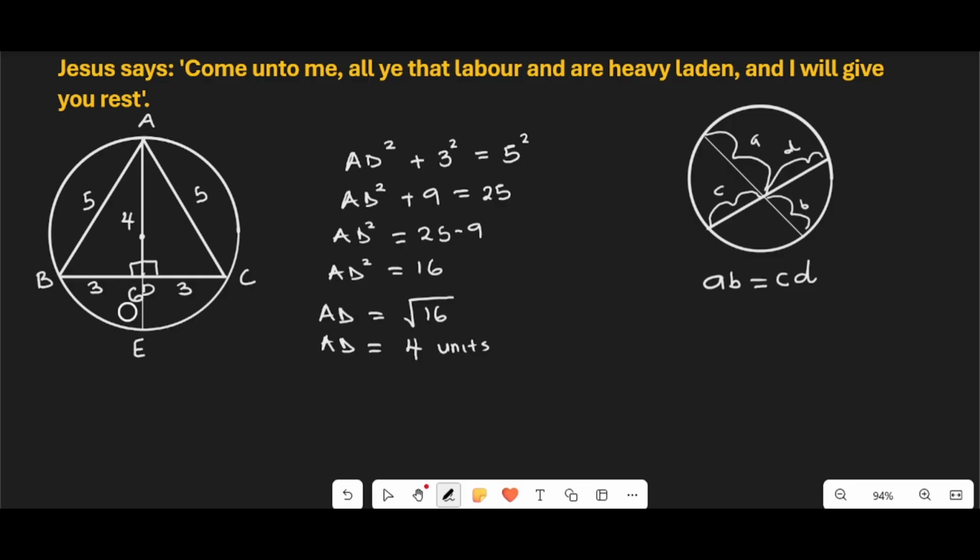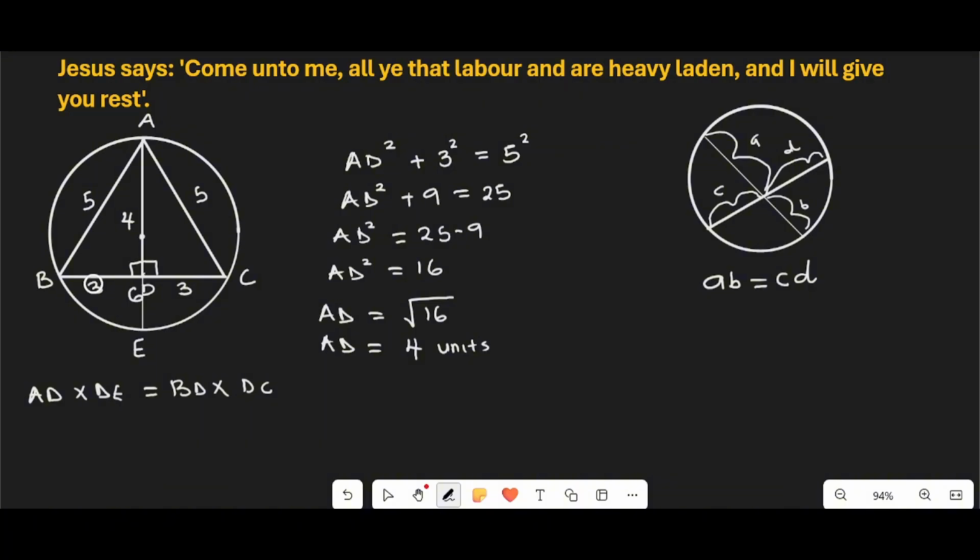Let us apply the same theorem here. This is one chord, this is another chord. So AD multiplied by DE equals BD multiplied by DC. AD is 4 units. Let us substitute it here.